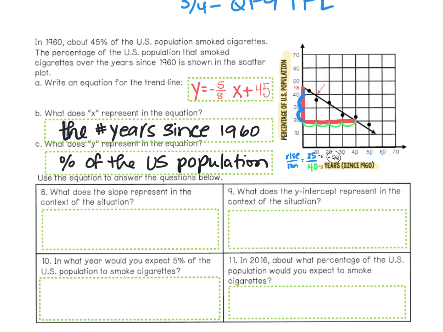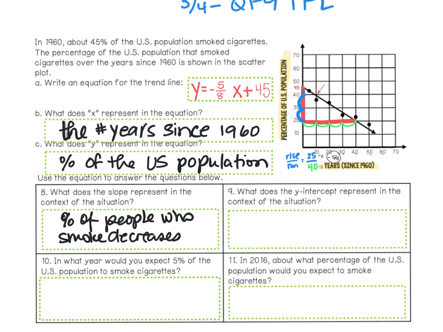That is very different. So we know that the slope is negative 5/8. Well, in context, that's telling you that the percent of people that smoke decreases 5% every 8 years. So the percent of people who smoke decreases.